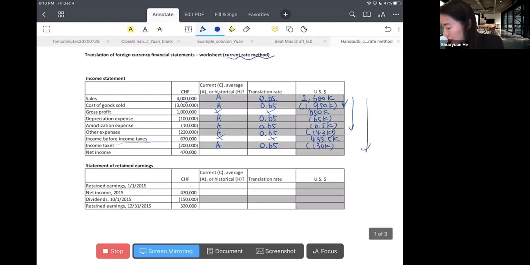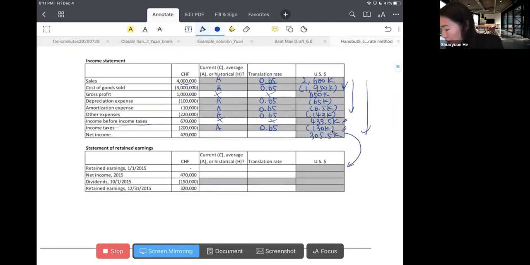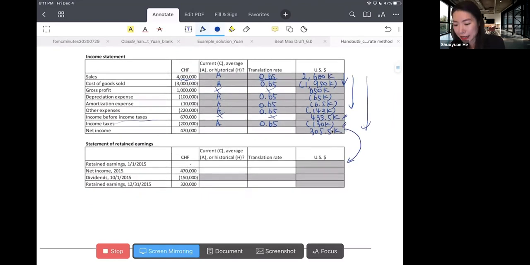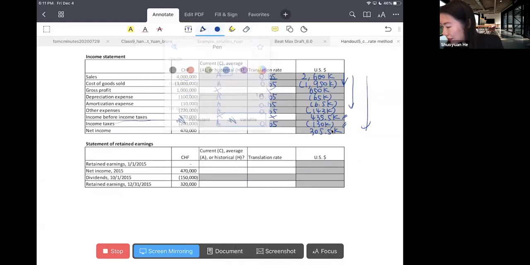Income before income tax minus income tax gives you net income of 305.5 thousand. And this number is carried over to your statement of retained earnings.